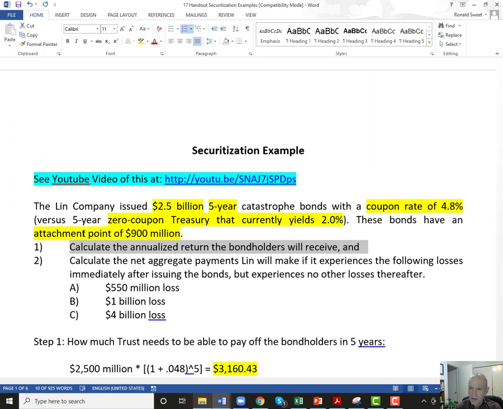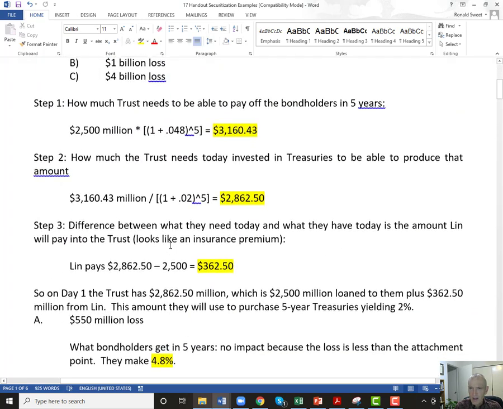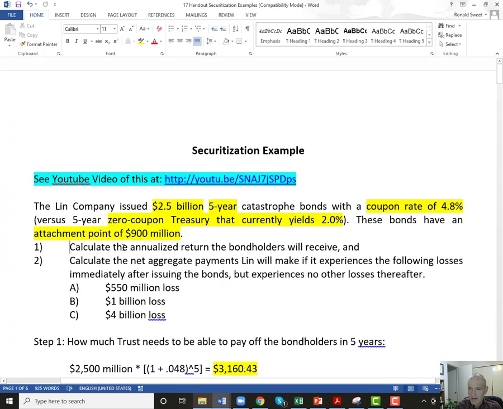It made the auditors a little bit nervous, but these really are separate entities. They're set up as separate entities, and if anything happens to them, the creditors are going to have to go after those entities. They can't come back to Lin. So just realize I'm being a little sloppy on the setup here, as there's actually another entity involved in between all of this. So what we're going to do is say, hey, how did the bondholders do?